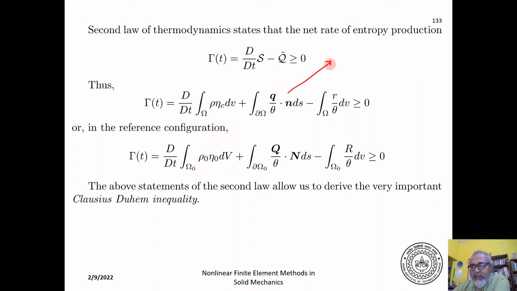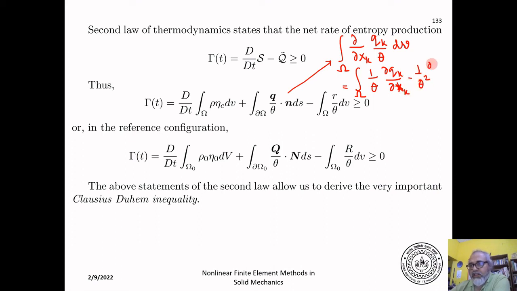We take this, apply the divergence theorem, and now we will get del xk of qk by theta dv over this, and this will split into 1 by theta del qk del xk minus 1 by theta square del theta del xk qk to dv.